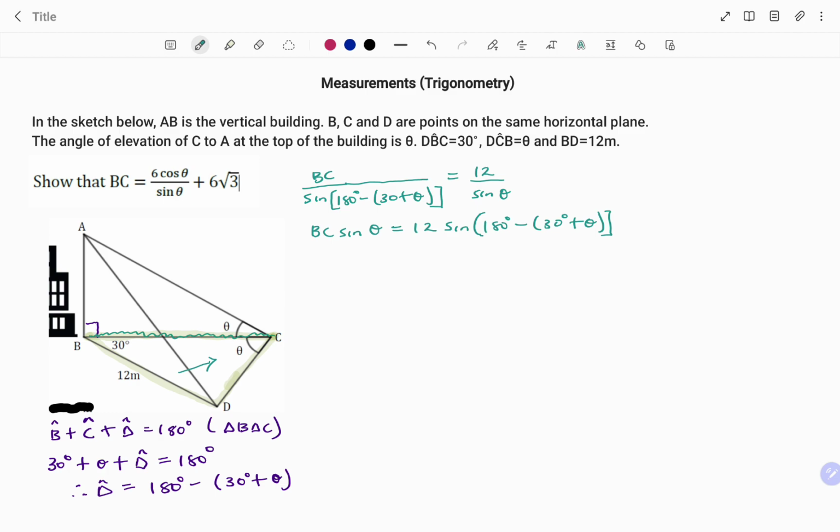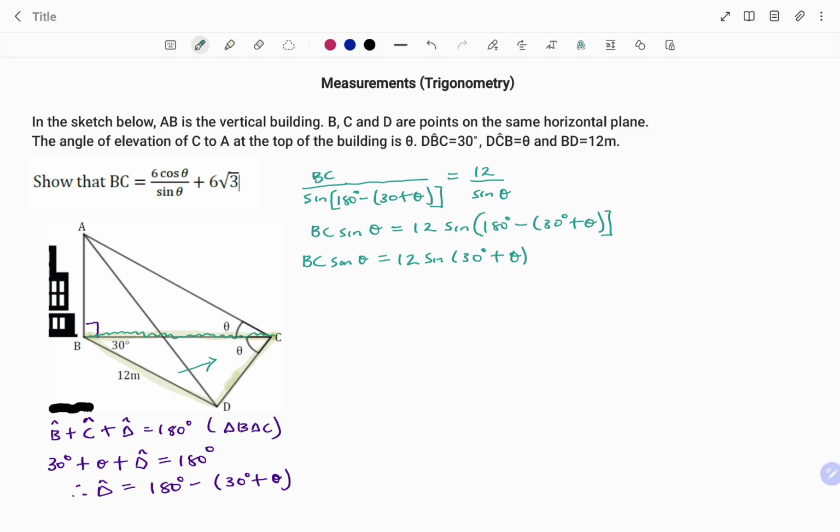If we simplify, we have BC sine theta equals 12 sine, and that's found in the second quadrant, and the value of sine in the second quadrant is positive, so that becomes sine (30 degrees plus theta). Also, 30 degrees plus theta, we can take that as sine (A plus B).